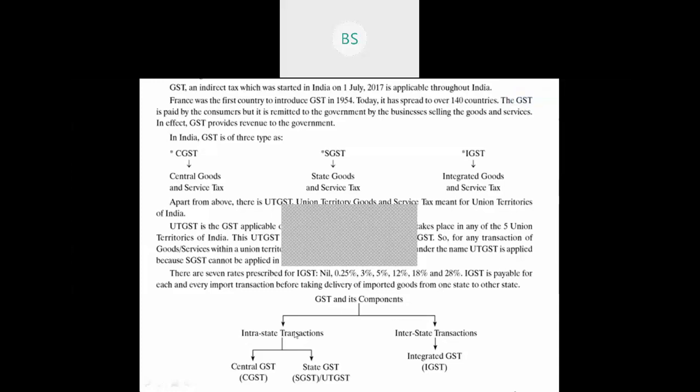If the wholesaler is buying some product and paying tax, that is input tax. If the wholesaler sells the product and collects some tax from the retailer, that is output tax. So both together, when you are payable to the government, you have to subtract, that is output minus input.